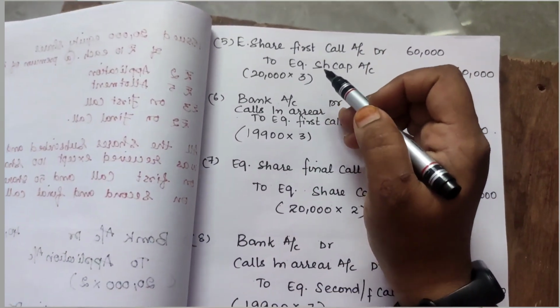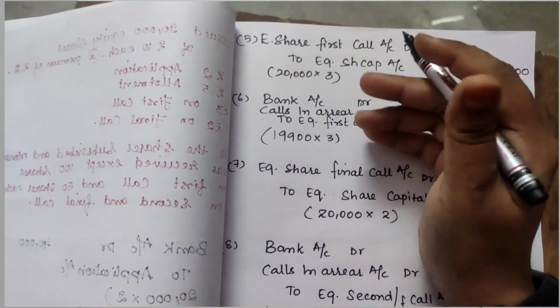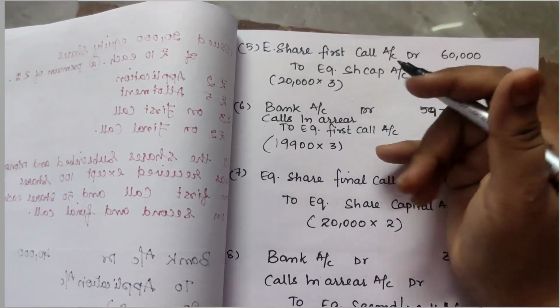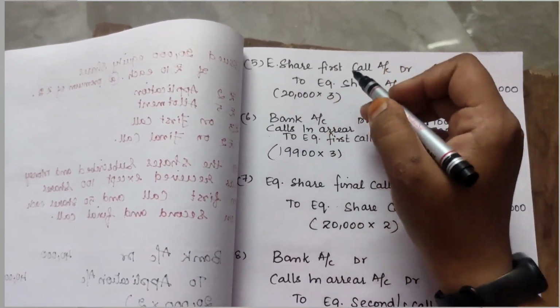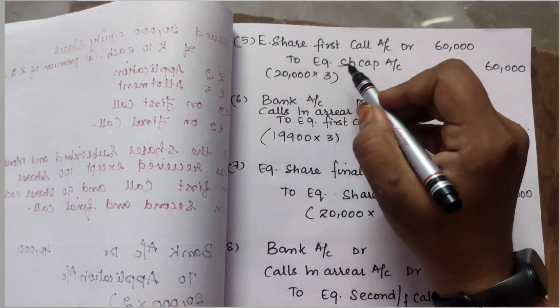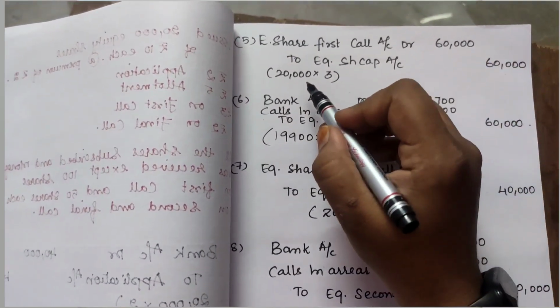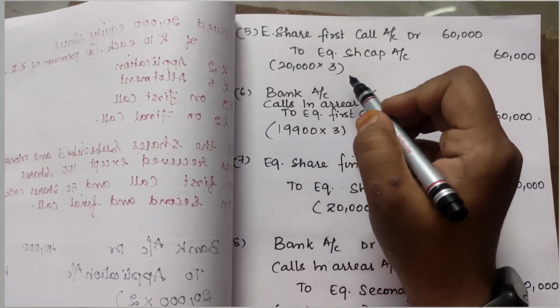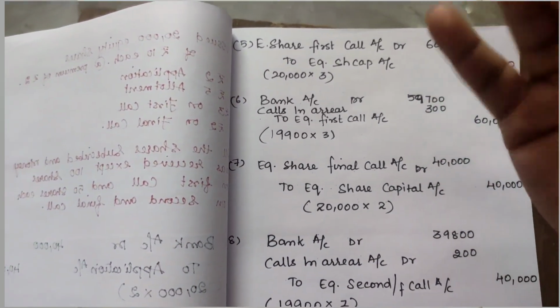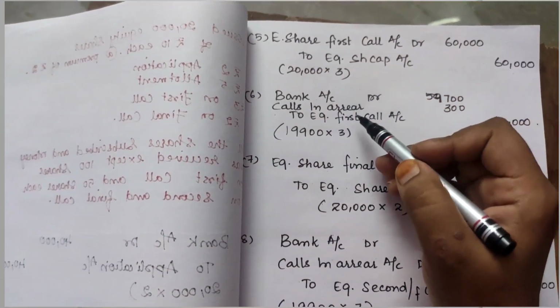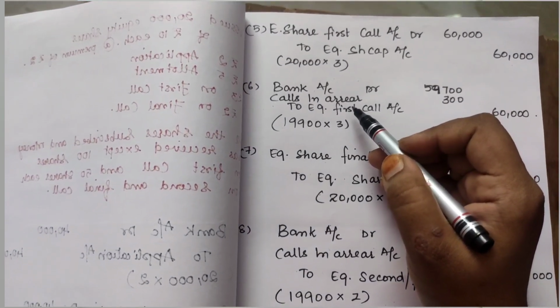After that, again you are inviting for the call: please come and pay the call money. So you give the entry equity share first call account debit to equity share capital account. The first call money is 20,000 into 3, which means your estimated money should be 60,000. Now after the invitation, how much have people come and paid?